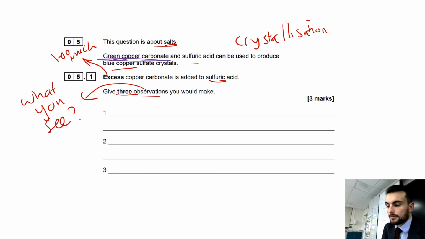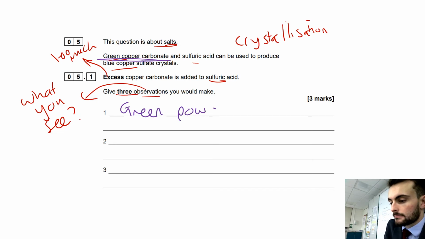Most things going, well, 99.9% of things that you've reacted in chemistry are in powder form. So we could say green powder, something that you would see. You could say what happens when you put the green powder in the acid. You would get some kind of fizzing effect. So fizzing because during the reaction. What does this look like?